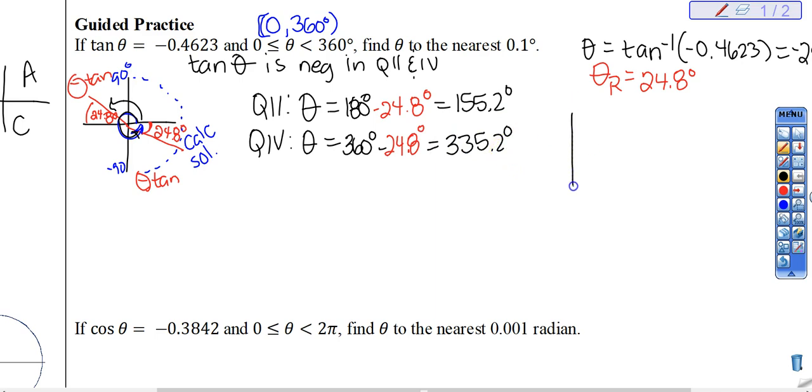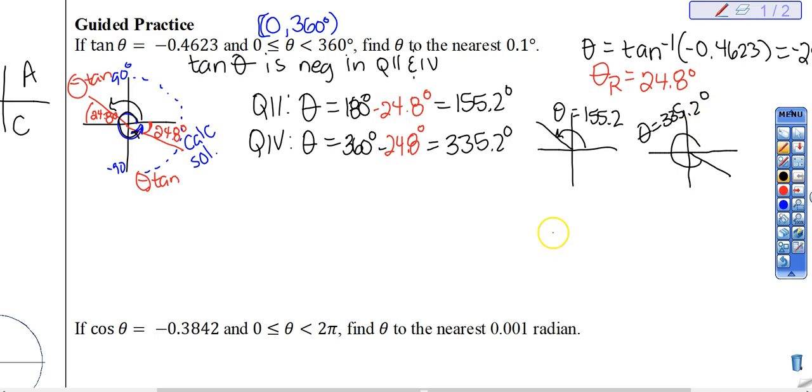So just for those of you that are visual learners, I'm going to draw this picture. So tangent is negative in quadrant 2. So theta is 155.2. And in quadrant 4, so I'm still in a positive rotation, theta is 335.2.